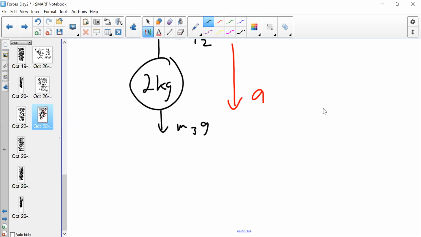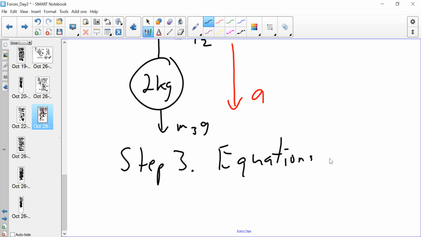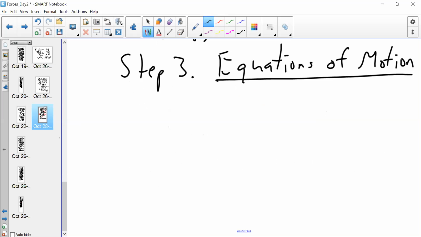Let's solve. So next, step 3, is to get our equations of motion. We know it's going to be a system, and everything is in the y-axis.